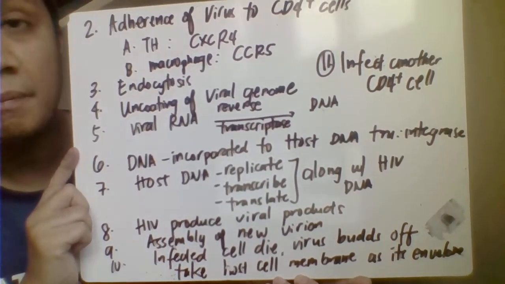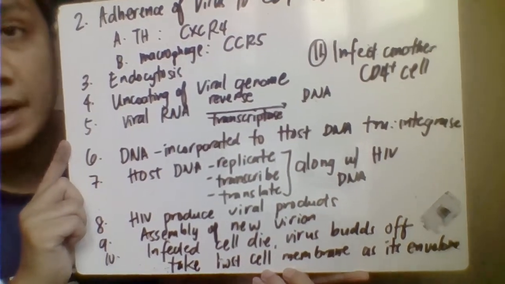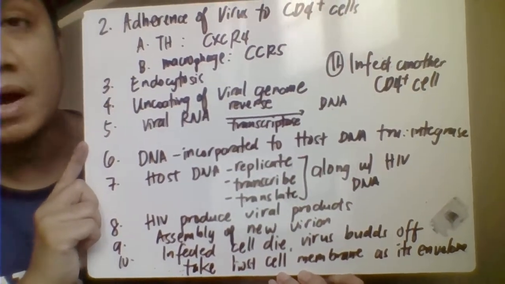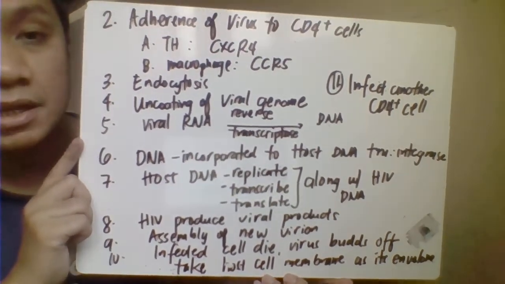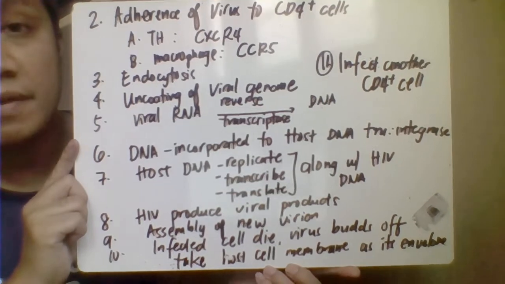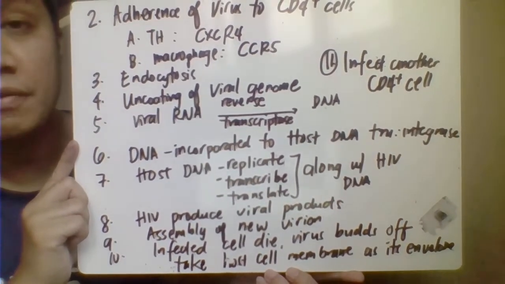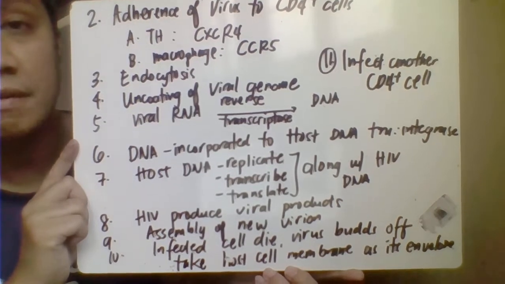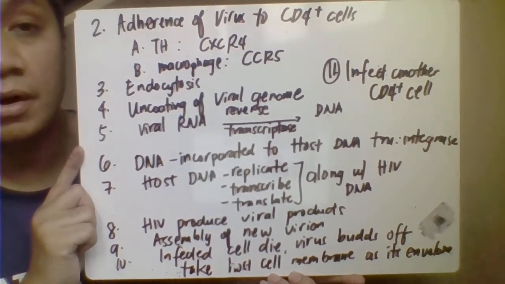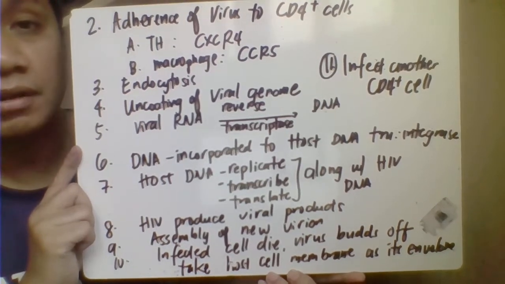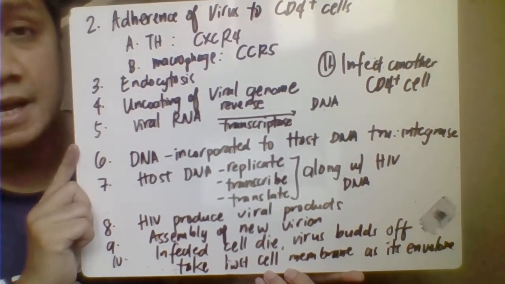And therefore, ang pinaka-product nito ay mga viral products. So, ang gagawin ni virus, pag nakagawa na siya ng mga byproducts niya, it tries to assemble those to become a new virion or new virus. So, pag magkaroon na siya ng new virion, time will come that your infected cell is going to die, then the virus will come out of that infected cell, and the infected cell will die.